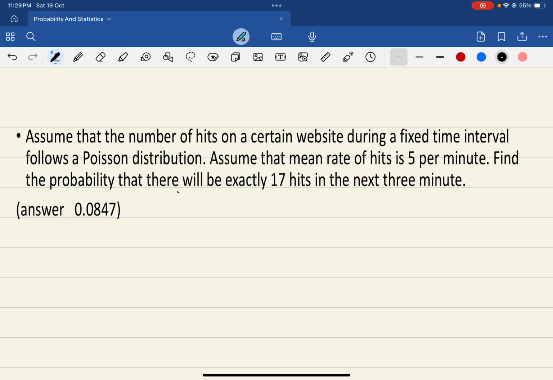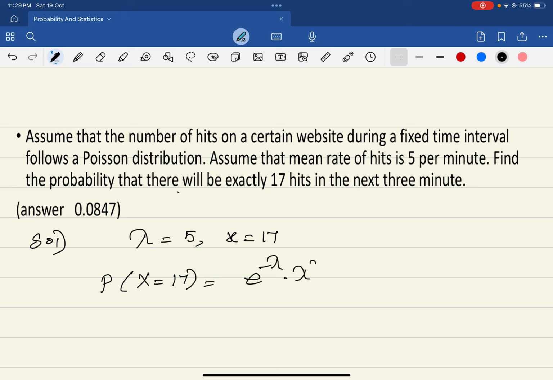So what is given is lambda is 5 and x is equal to 17. So what is the probability of x is equal to 17? E raised to minus lambda, lambda power x over x factorial.